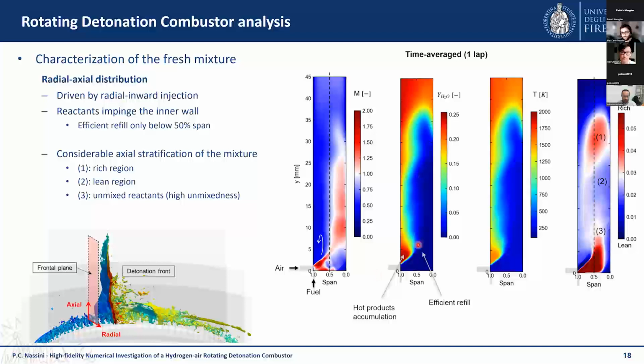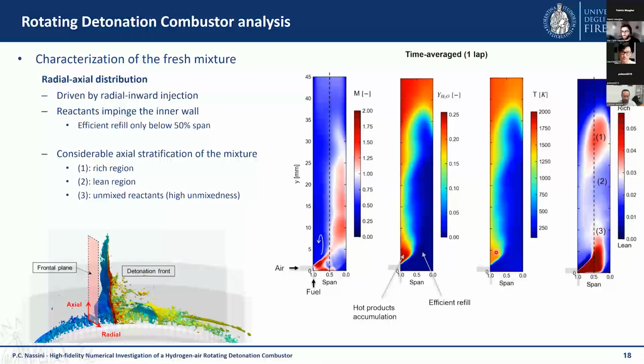As you can see clearly from the water mass fraction, we have an efficient refill only of the inner half of the combustion chamber, basically, because in the outer half of the combustion chamber, we don't have an efficient injection of the reactants, or in other words, we don't have a displacement of the products toward the exit of the combustion chamber. And as a result, this will lead to parasitic combustion losses in all this range.